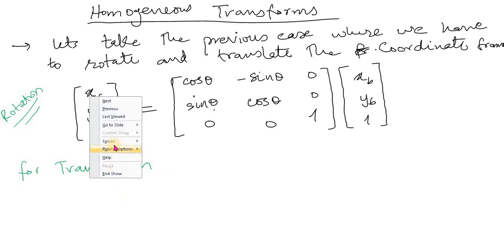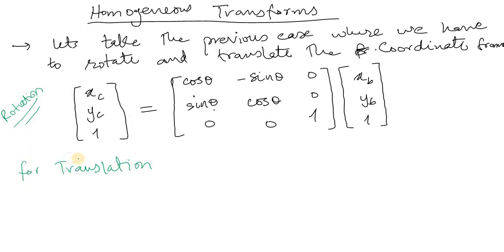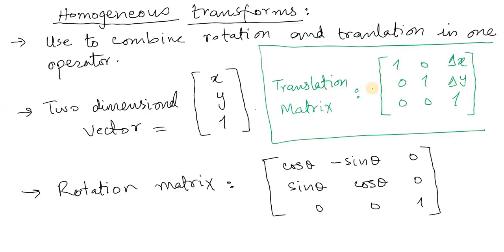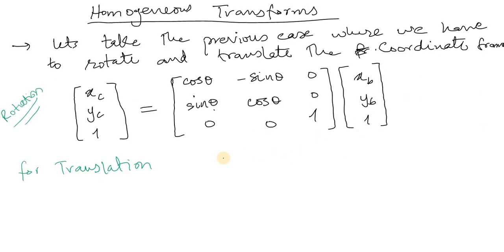how do we get the translation effect? As we studied here, you just have to multiply it with the translation matrix here. So you want to find finally your position in the reference frame.